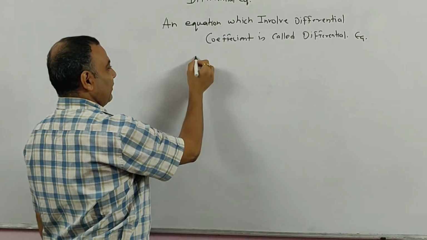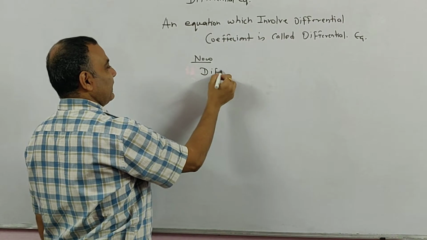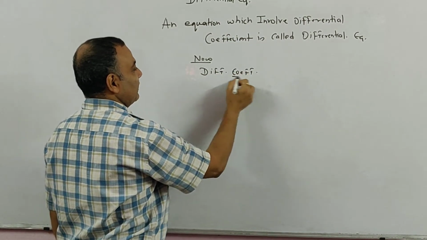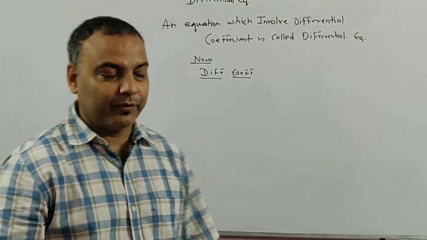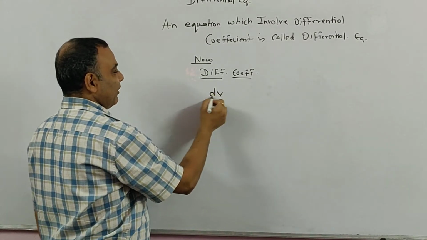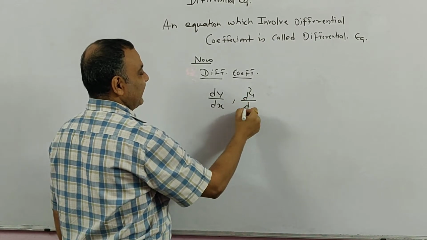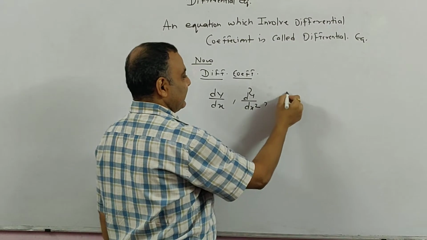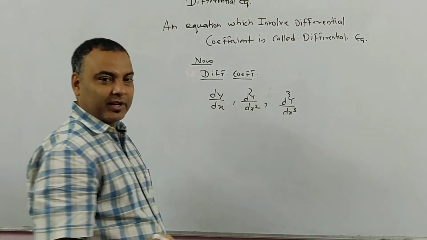Now, what is differential coefficient? Most of you are aware of this term. It means derivative. That means dy over dx is a differential coefficient, d square y over dx square is again a differential coefficient, and d cube y over dx cube is again a differential coefficient.